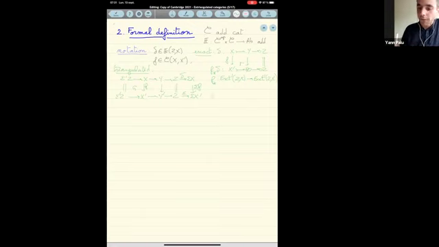So here we've got composition with sigma of F induces the morphism from Hom(Z, sigma X) to Hom(Z, sigma X prime).